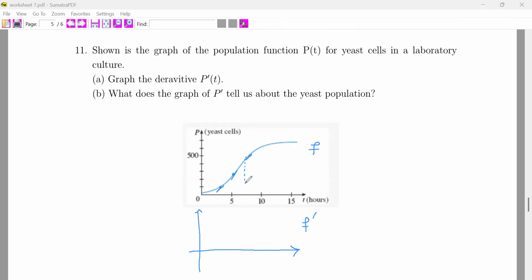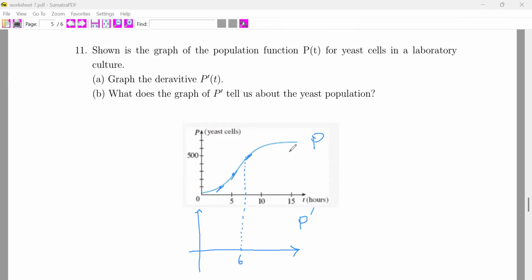before this one, you see that the slopes of tangent line are always positive, but the y values of P prime, because this is P of t, not f of t. So it is better if I write P and P prime here. So it starts relatively small here, and after that keeps increasing, reaching a maximum here at about somewhere between 5 and 10, let's say 6.